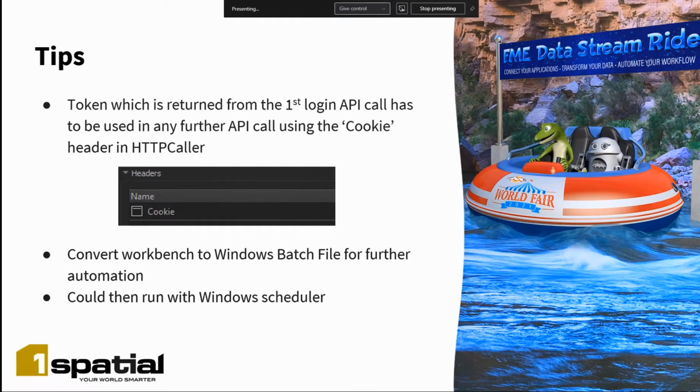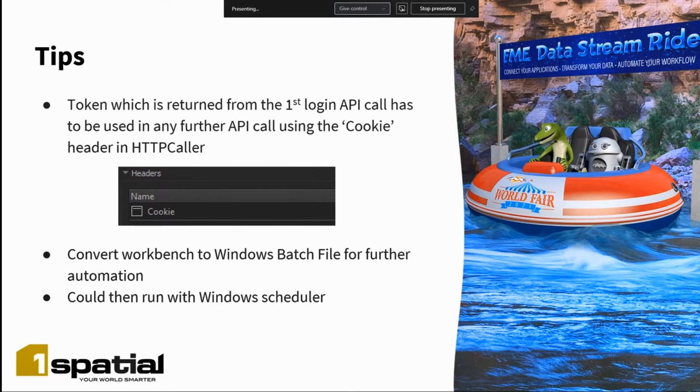So some tips that I found. The first one was the token, or the session ID, returned from the first login API call, has to be used in any further API calls using the cookie header in the HTTP caller. I also converted the workbench to a Windows batch file for further automation, which could then run inside Windows Scheduler.